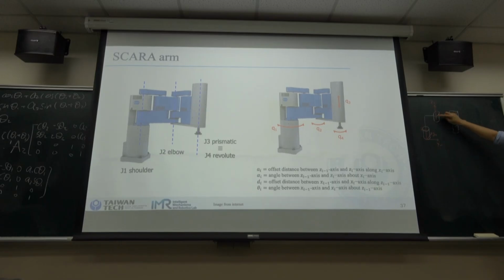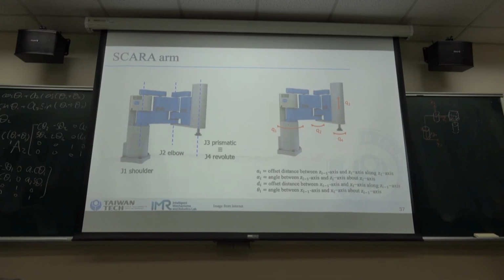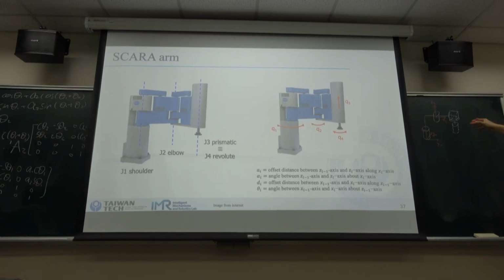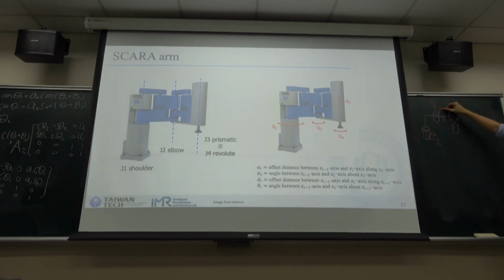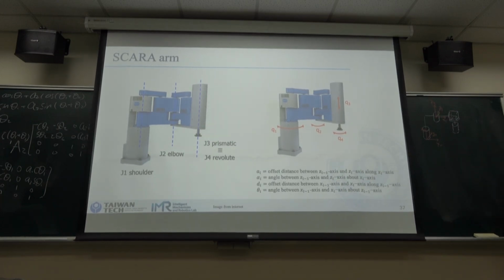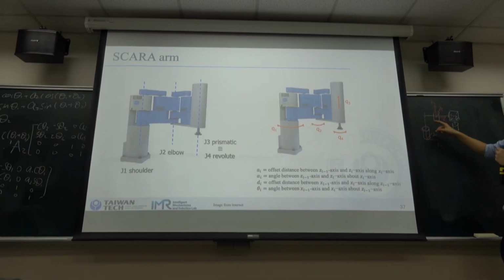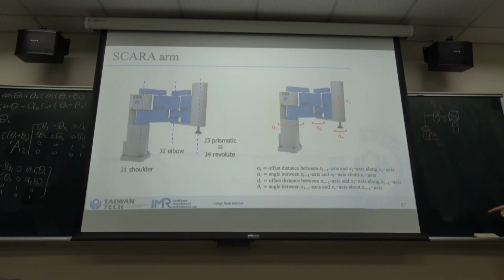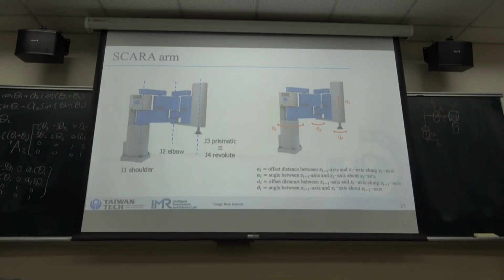So we can set it here. And the y-axis can be determined by the right-hand rule. So the y points this way. And we need to check: the x-axis intersects with the z0 axis. So this frame satisfies the DH convention.